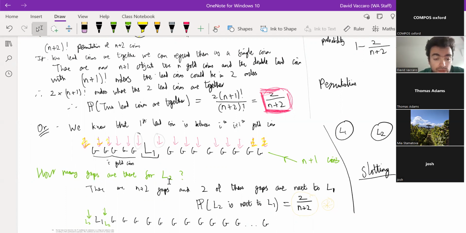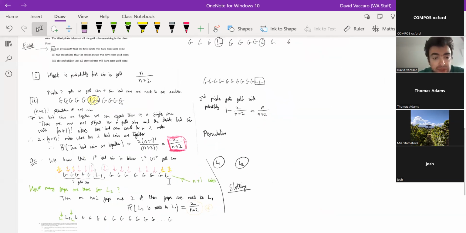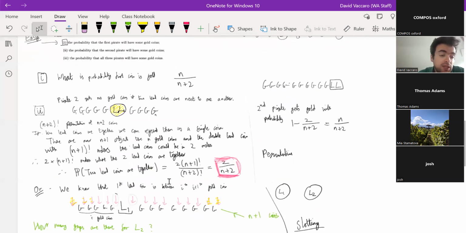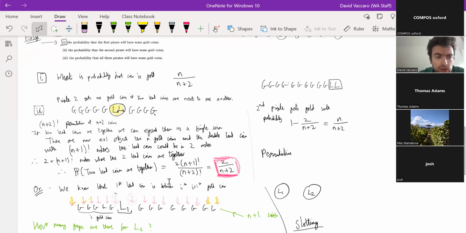I'm just trying to think of other ways, but you could condition on the number of gold coins that all 3 pirates have. Yeah, there's lots and lots of different ways, and this is a STEP problem. You can have a look at the model answers and so forth.